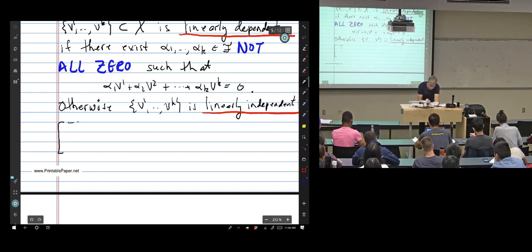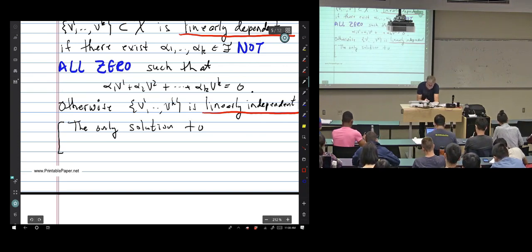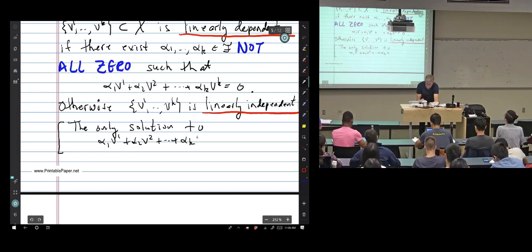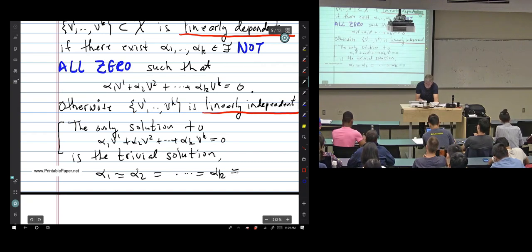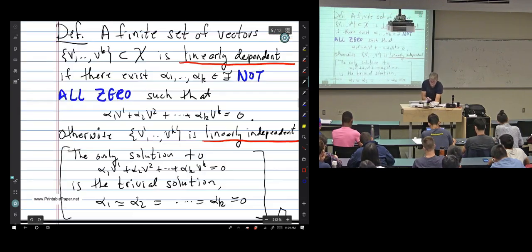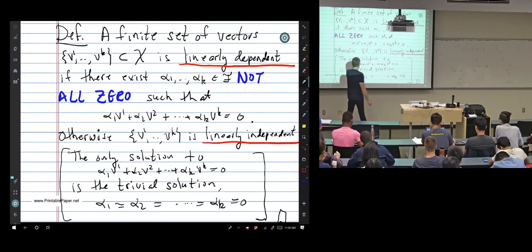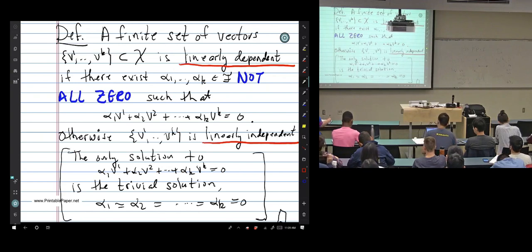It means the only solution to alpha 1 v1 plus alpha 2 v2 plus ... plus alpha k vk equals 0 is the trivial solution, alpha 1 equals alpha 2 equals ... equals alpha k equals 0.